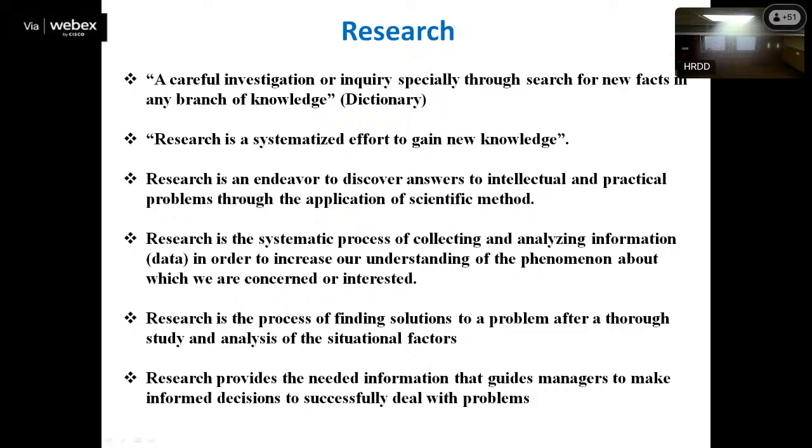If you do it in a systematic way, it will be more fruitful. Research is a process of finding solutions to a problem after a thorough study and analysis of the situational factors. And finally, research provides the needed information that guides managers' informed decisions to successfully deal with problems. This is about organizational research, what managers will do.